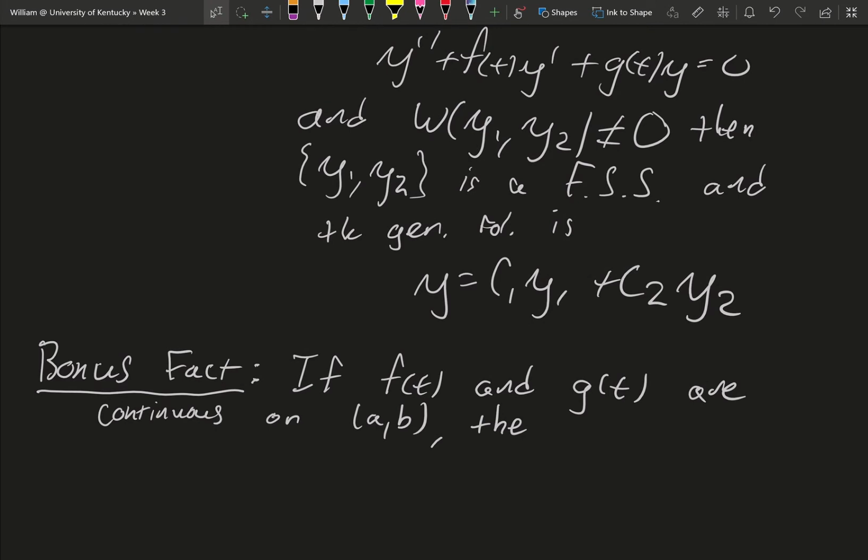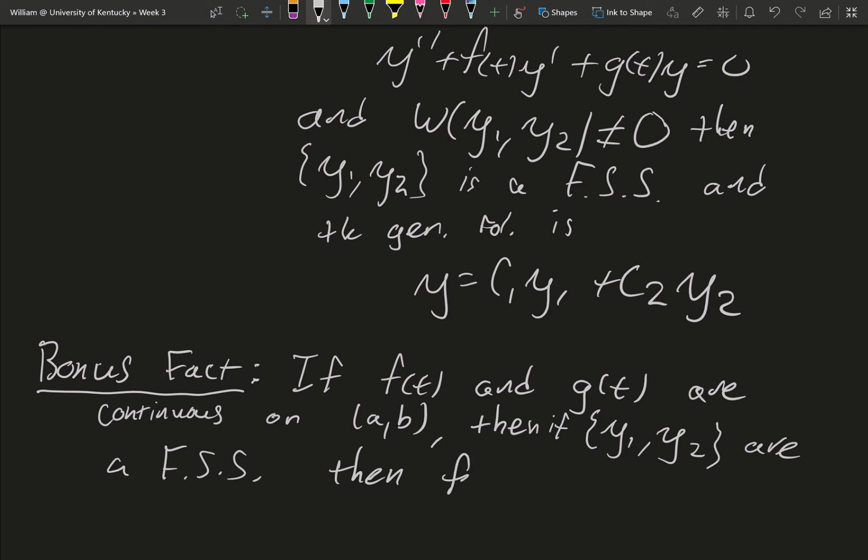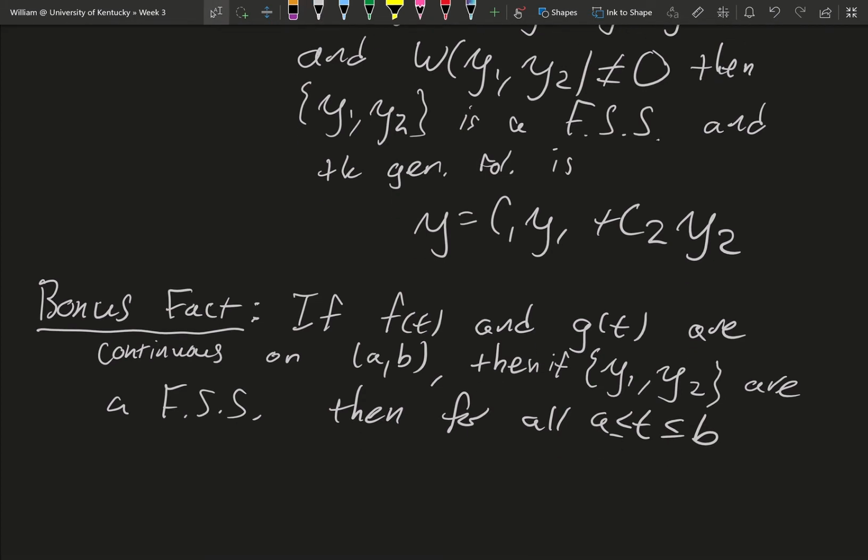Then, if y1 and y2 are a fundamental set of solutions, then for all t in between a and b, the Wronskian of y1 and y2 is not equal to 0. That should be strictly in between a and b.